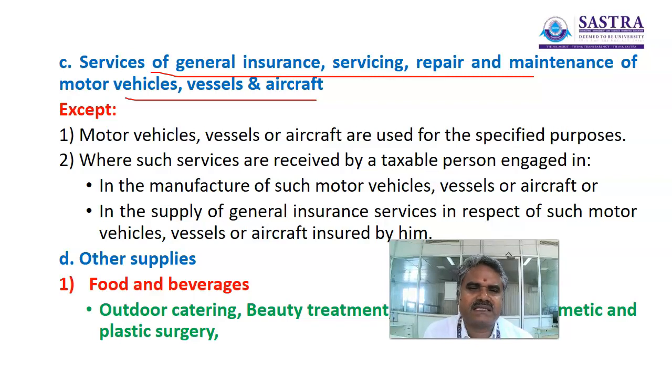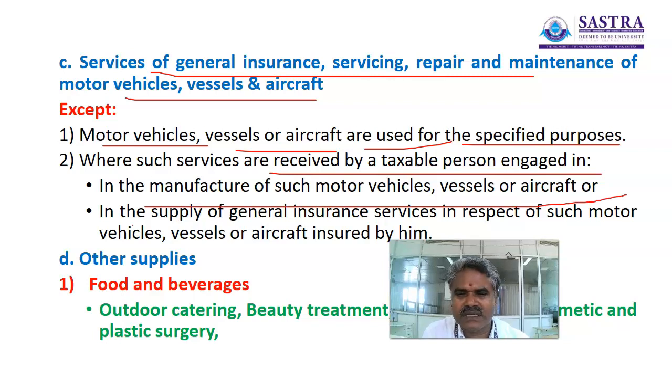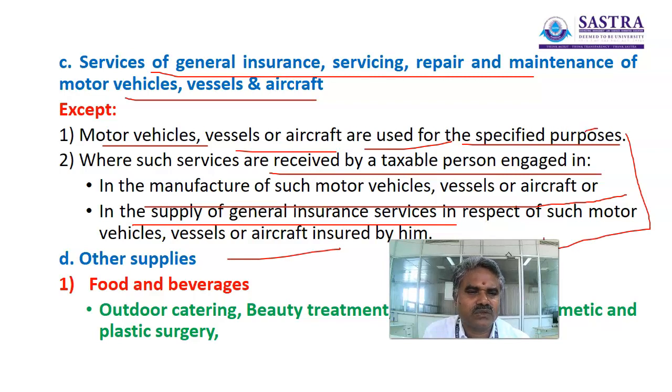For insurance service, repair and maintenance of motor vehicles and vessels, ITC is not allowed, except where the motor vehicles, vessels or aircraft are used for a specific purpose, where such services are received by a taxed person engaged in the manufacturing of such motor vehicles, vessels or aircraft, or in the supply of general insurance. Now it is allowed. So when they are doing all those things in business nature, no problem.